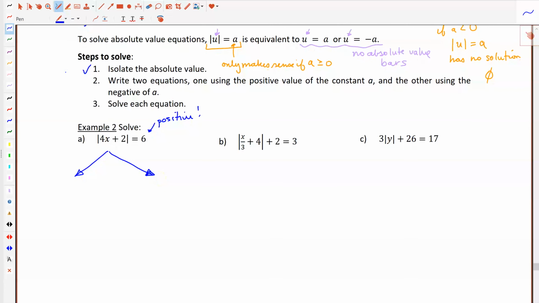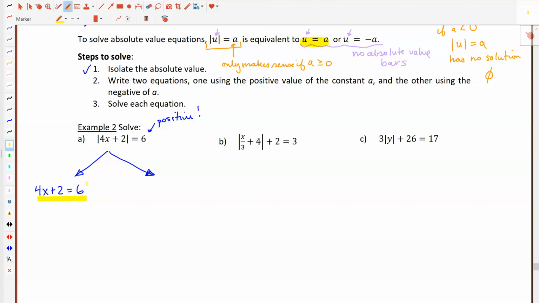Now the first case is usually the one that most students tend to remember because it's the one where you rewrite the problem and just drop the absolute value bars. So that case is equivalent to this. I take the expression that's inside the bars, drop the bars, and whatever number is on the other side, I just repeat it.